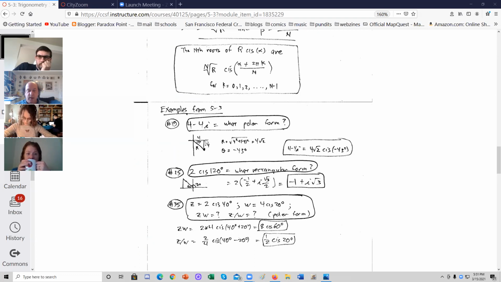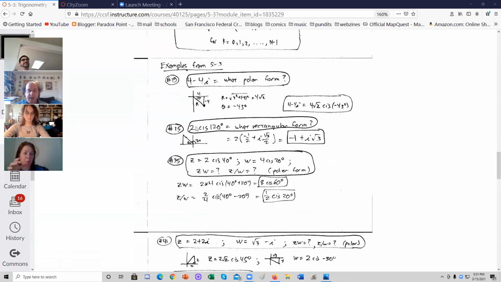And this is an isosceles right triangle, so this is a 45-degree angle, only it's negative because it's clockwise from the positive x-axis. So put it all together, 4 minus 4i is 4 root 2 cis negative 45 degrees. That's its polar form.